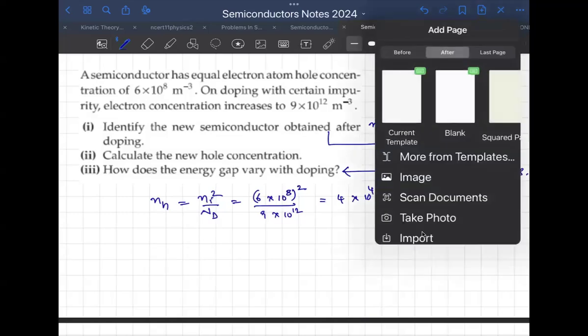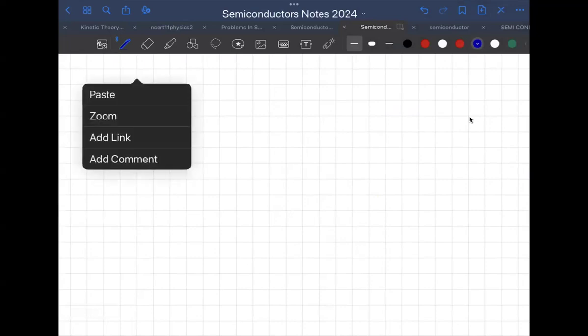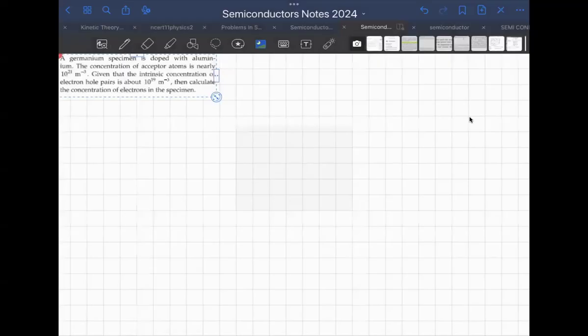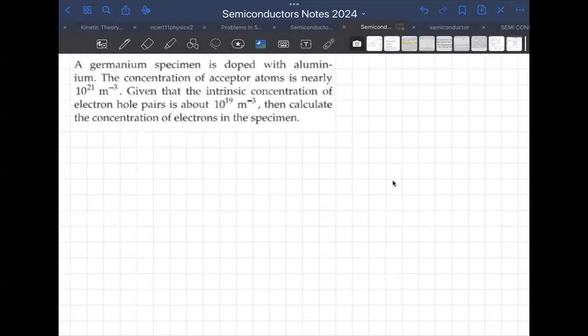Right. I'll add one more question, and this is a jumbo question. Please work on this. Meanwhile, I'll add one more. Actually, I planned only two questions. Right. This one also.